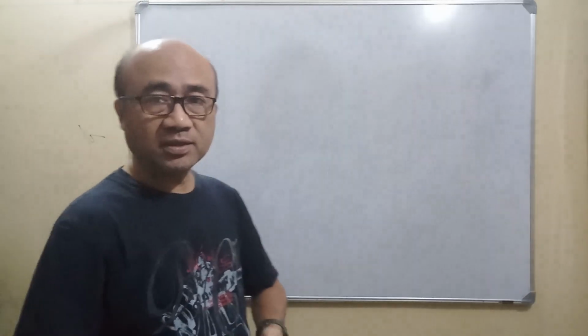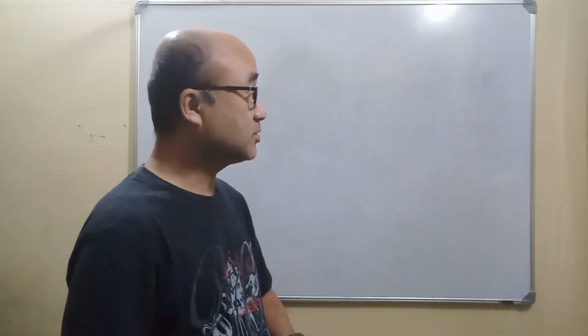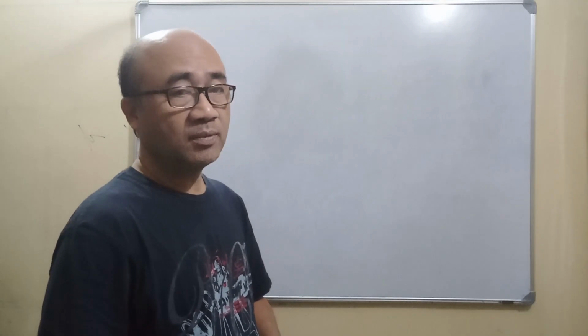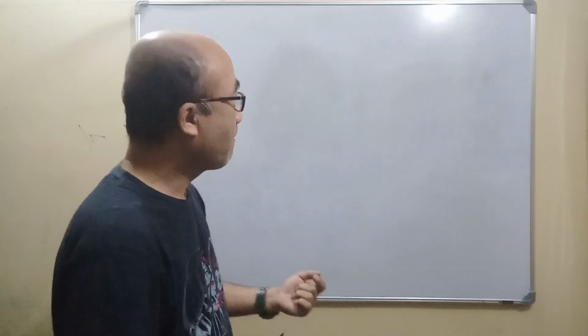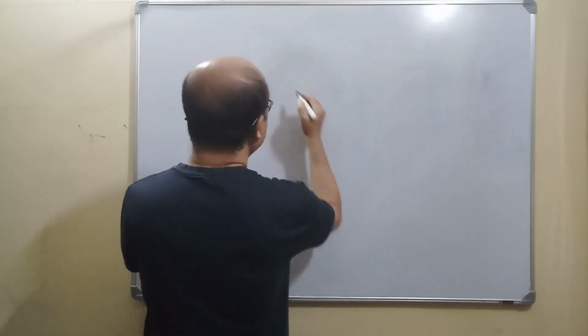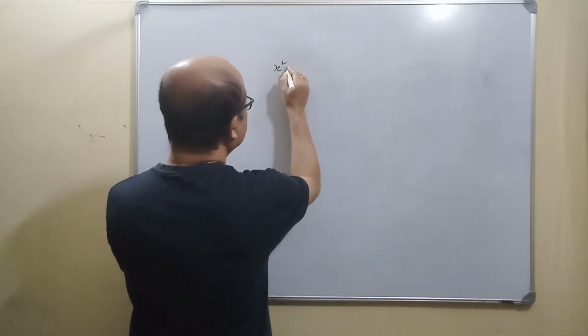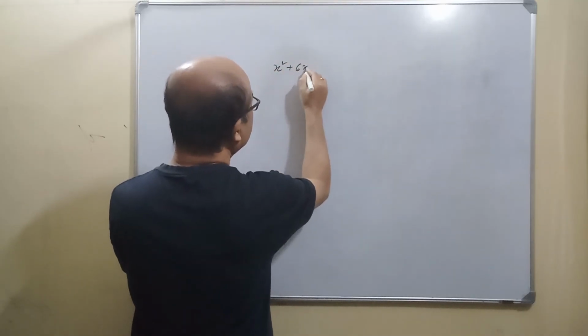So now we have understood how we can complete the square if an expression is given. Now let us try to solve a quadratic equation by the method of completing the square. So this is a quadratic equation.